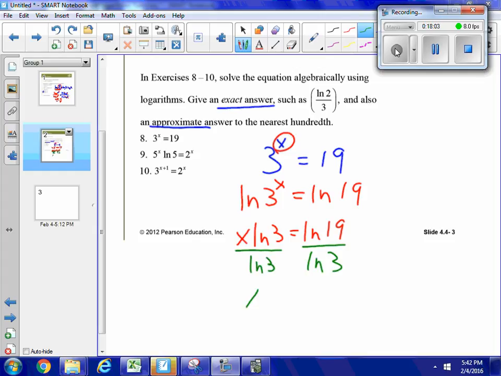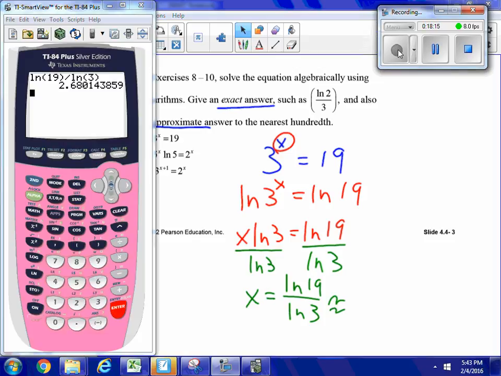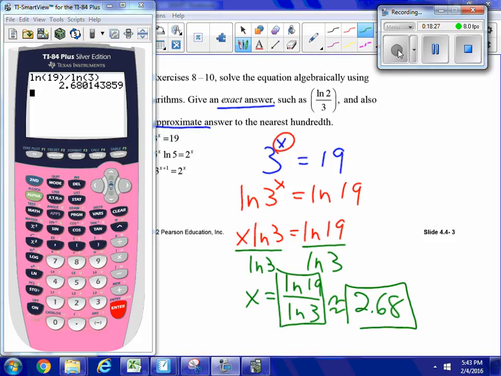And I get x is equal to ln 19 divided by ln 3, which is approximately equal to 2.68. So here is the answer in exact form, and here is the answer with a decimal approximation.